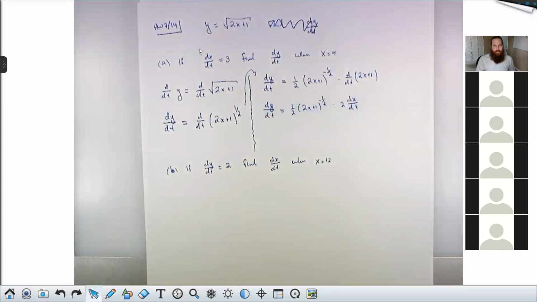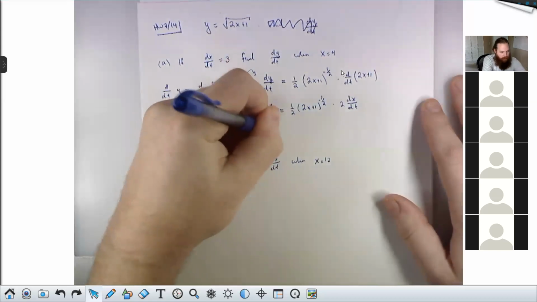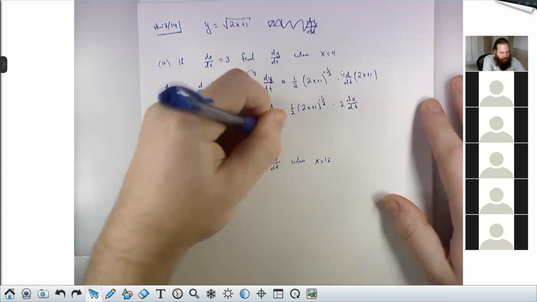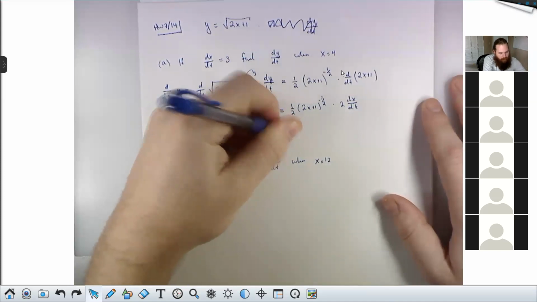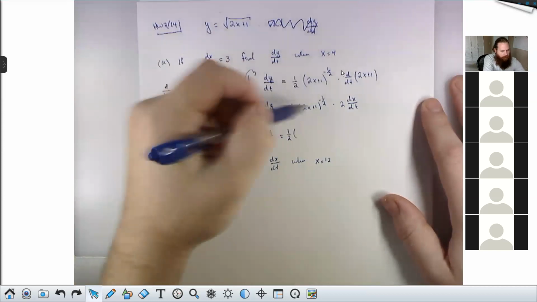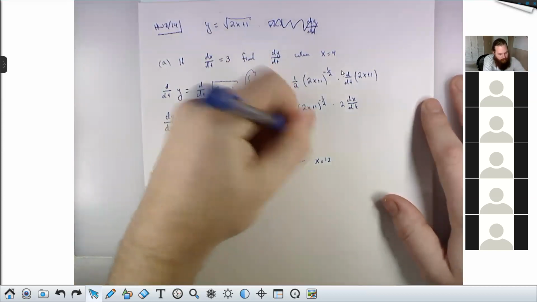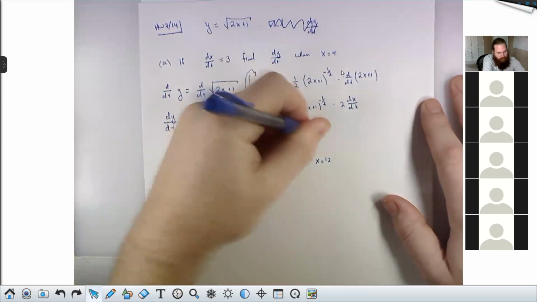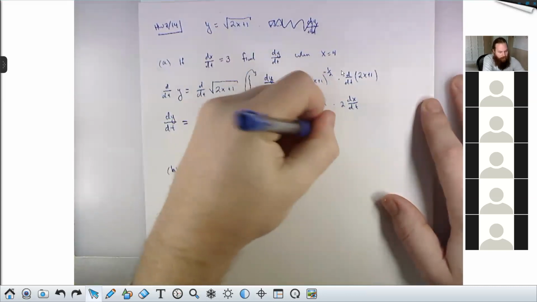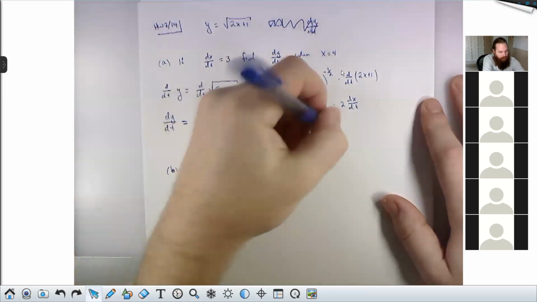And then they told me that dx dt is 3 and x is 4. So finally, I will plug those things in. So dy dt is 1/2 times (2 times 4 plus 1, which is 9) to the negative 1/2, times 2 dx dt, and I was told dx dt is 3.